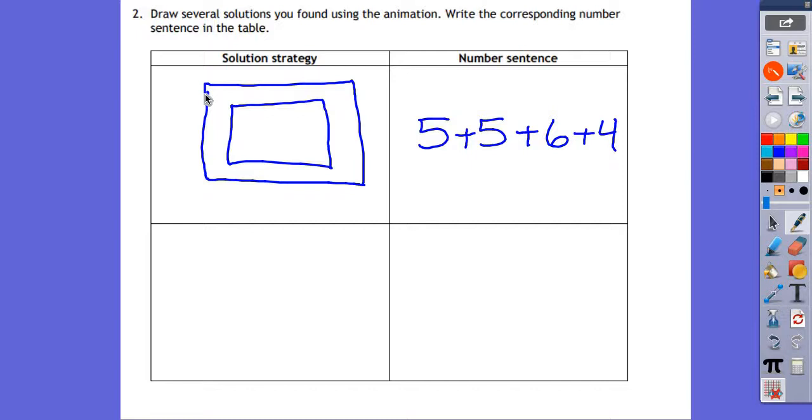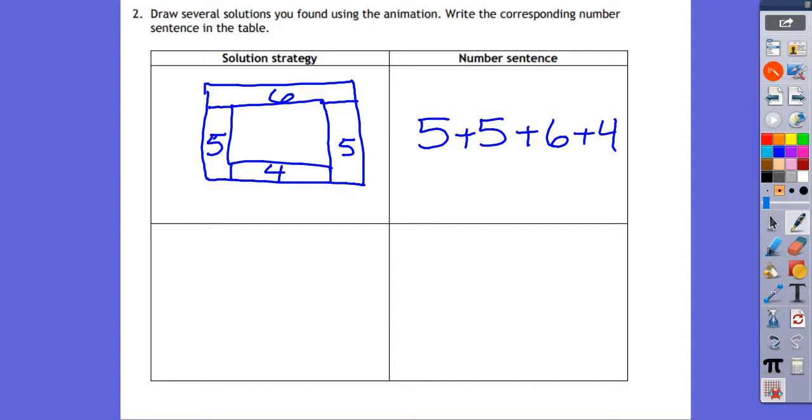Well, I see the 6 being broken up all the way across. Then the 5s are the sides going down. You're left with 5 on both sides. Then that little middle piece, how many squares were left? 4. So that's how we visually saw that expression.